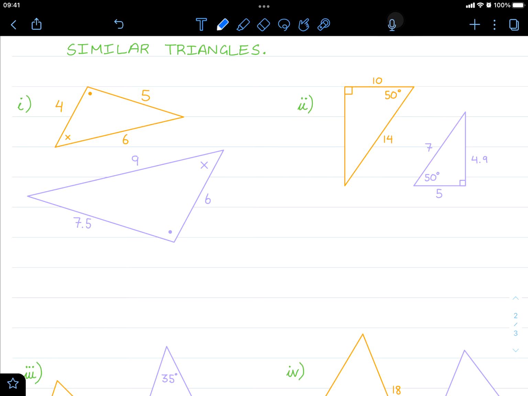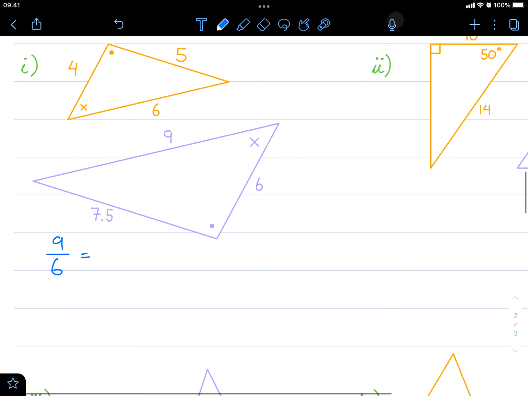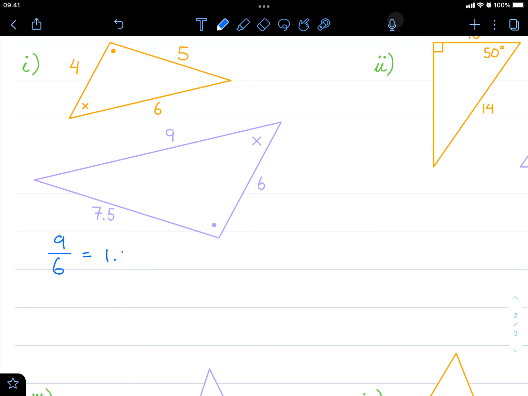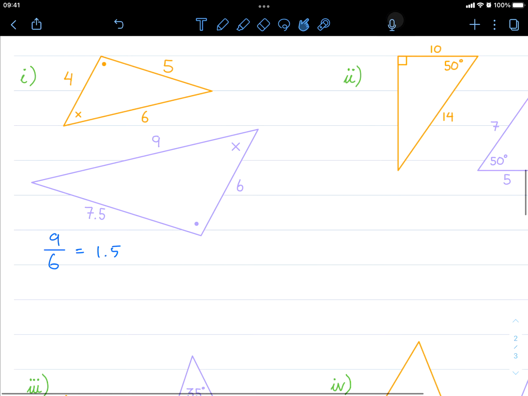Let's go with 9. 9 divided by, well, 9 is opposite the dot. Well, the corresponding side of the dot is 6. So 9 over 6. Calculating that, 9 over 6 gives me 1.5. So the scale factor here is 1.5.